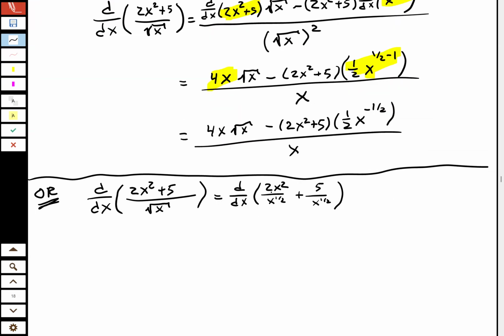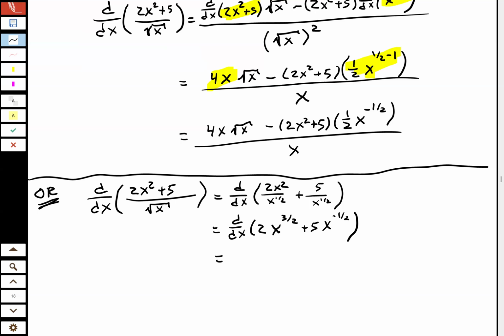When I am dividing, I subtract the powers, so I could rewrite this as the derivative of 2 times x to the 2 minus a half, giving me 3 over 2. And I have 5x. If I'm subtracting this, that's the same thing as a negative exponent, so that's a negative 1/2 there.